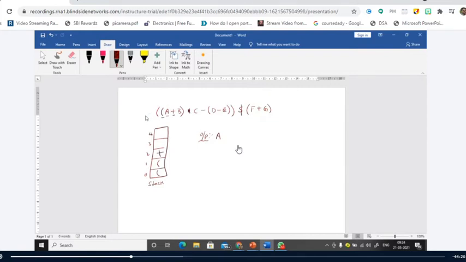And what is the next token? It is B. Since it is an operand, you place it as the output. And what is the next token? It is closed parenthesis. So when you come across a closed parenthesis, you have to pop all the operators from the stack unless you come across the corresponding open parenthesis.